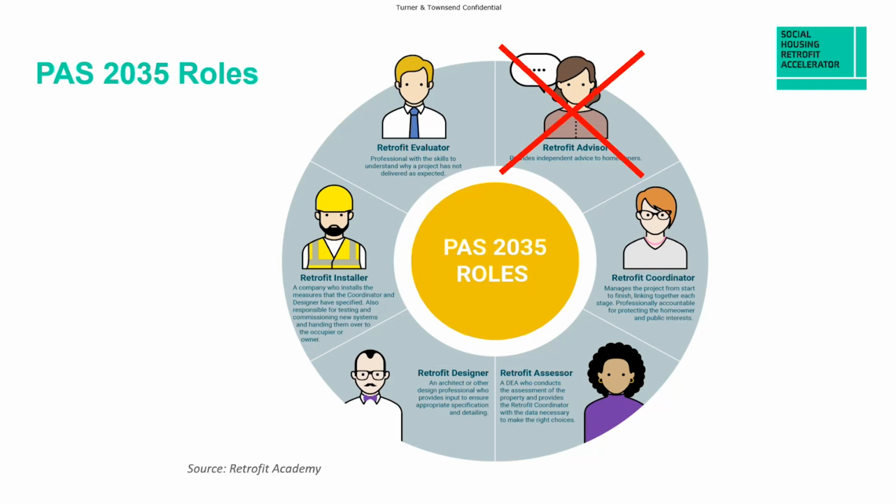As you increase the risk attached to doing multiple measures or more risky measures generally, so things like internal or external wall insulation, maybe underfloor insulation, you may need to employ a retrofit designer that has the specific qualifications to get involved. They would go through and come up with a proposal.